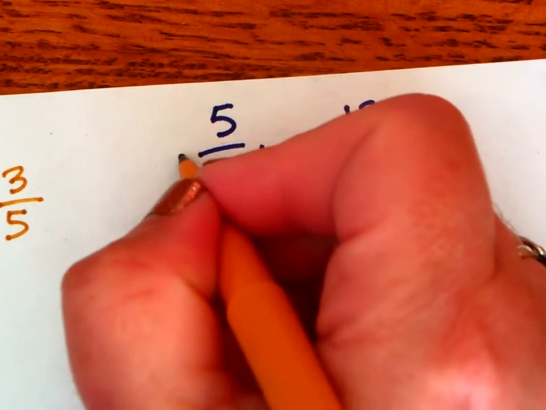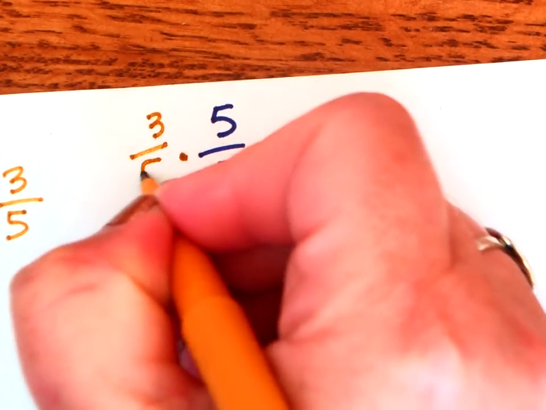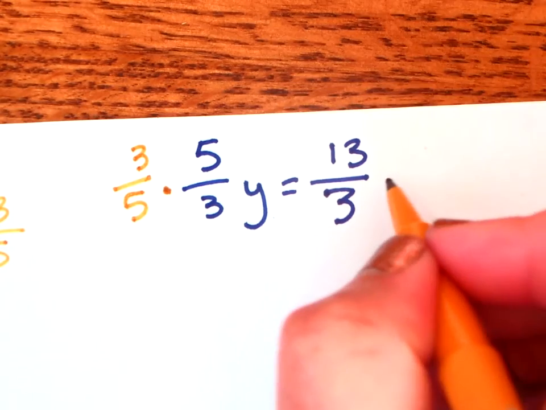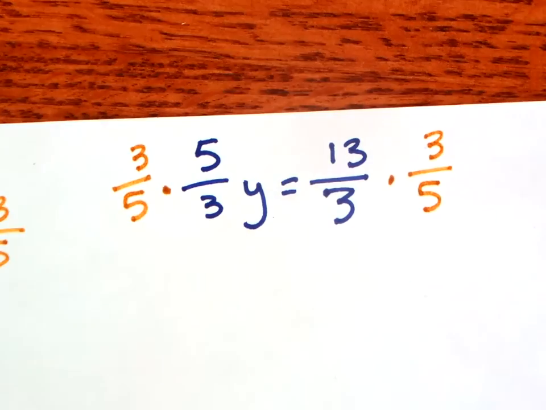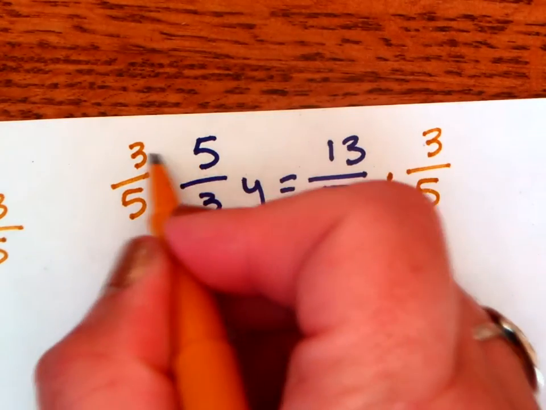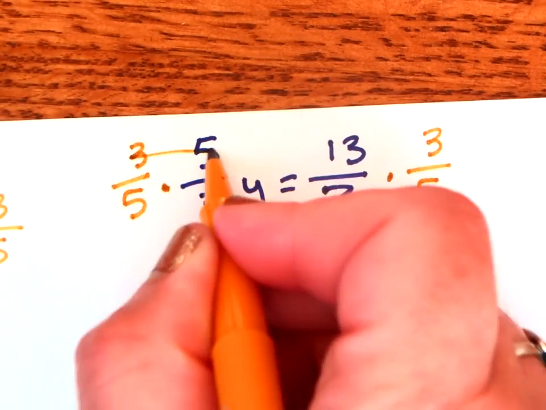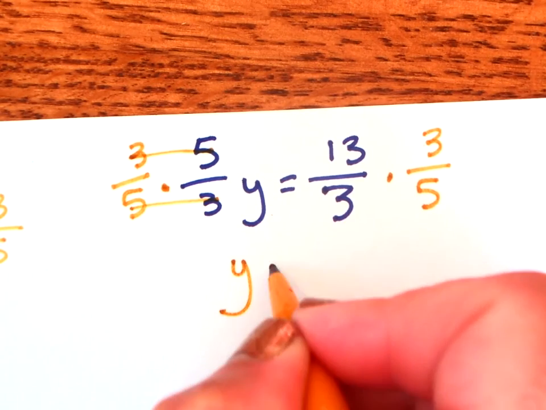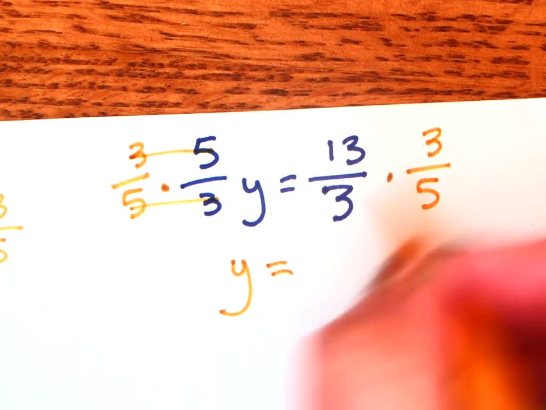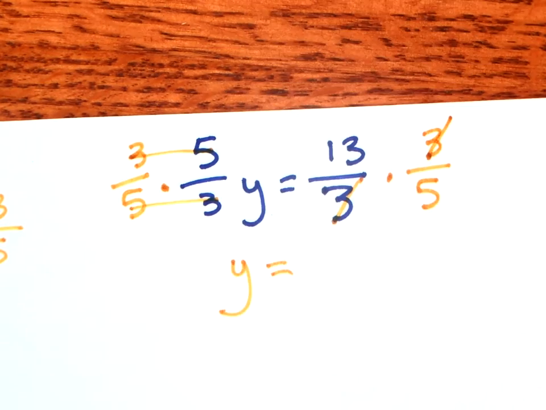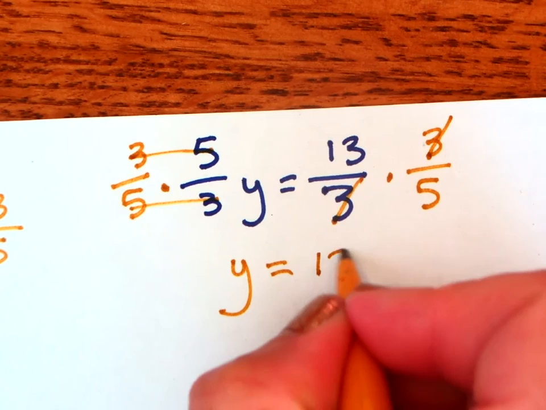Okay, so both sides I'm going to multiply by 3/2 and multiply by 3/2. Okay, and in this case, this is going to be 15/15, or just 1, so 1y. Okay, and in this case, I'm going to cross cancel. So 3 and 3 divide to become 1, so I have 13/5.